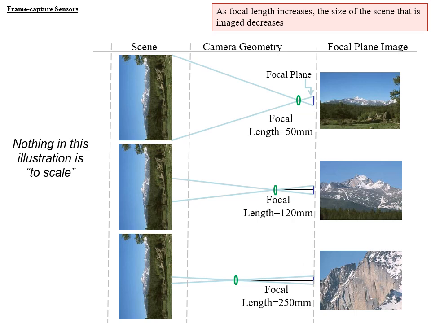As that focal length gets longer and the ratio between the distances between the scene and the lens becomes smaller relative to the distances between the lens and the focal plane, you're going to be zooming into smaller portions of the scene.